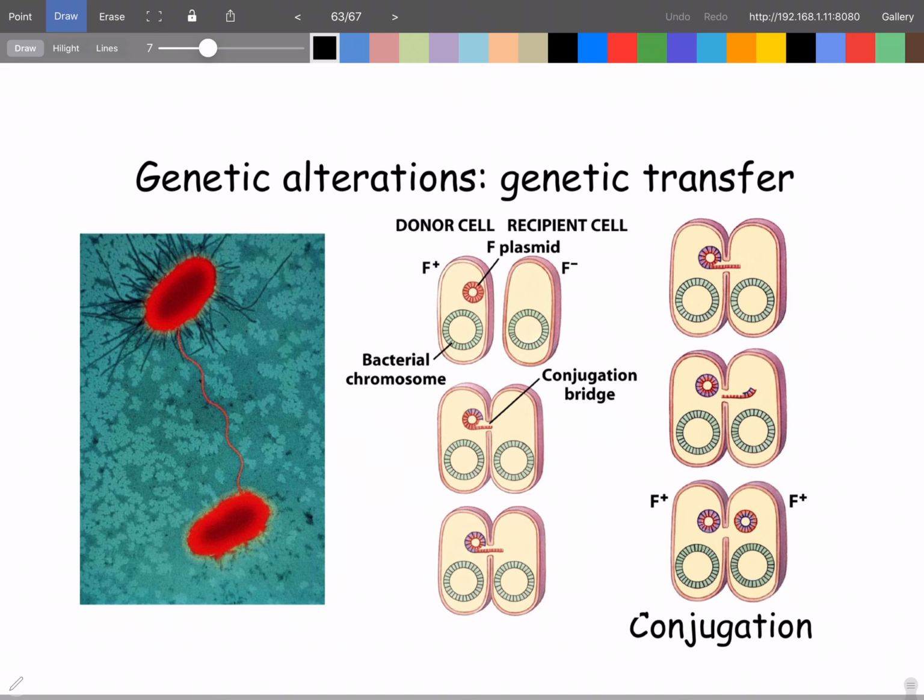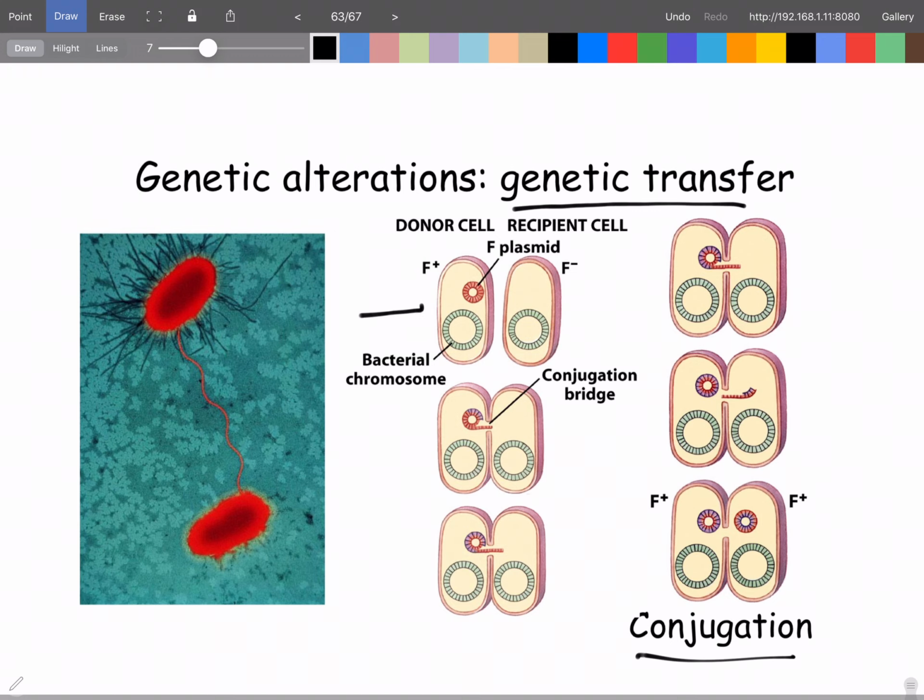Okay, so another type of genetic transfer, or lateral transfer, is caused by conjugation. Now, conjugation, as we may recall, I've talked about conjugation pili, or sex pili, that are formed, and fertility plasmids and so forth, but we'll just review this a little bit.